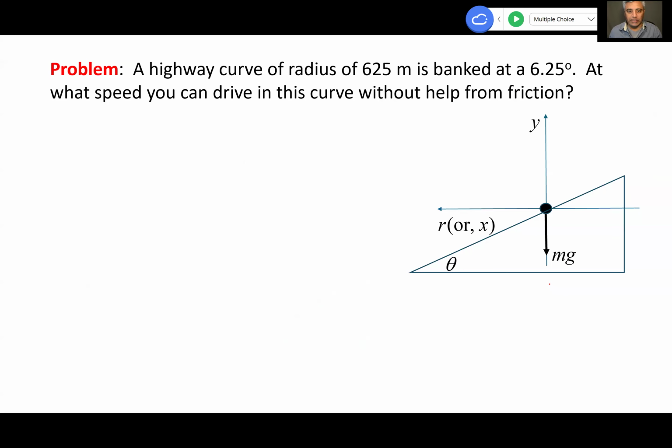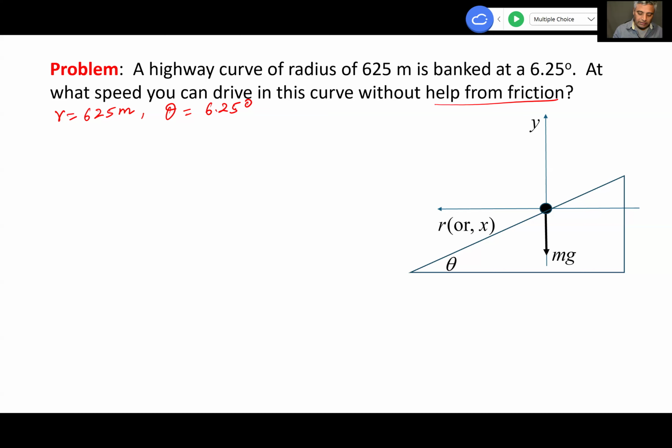Okay, so let's do that. It's the same problem. In this case, the radius is given, and the angle of banking is 6.225 degrees. So at what speed can you drive this car without help from friction?